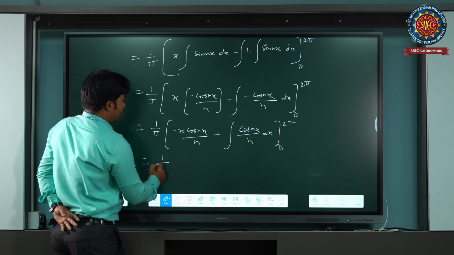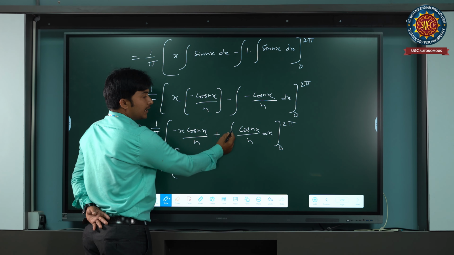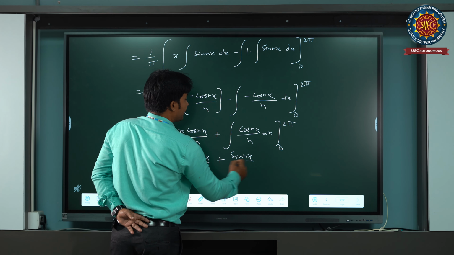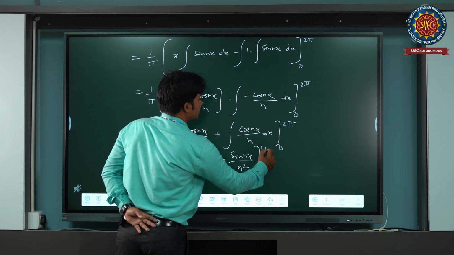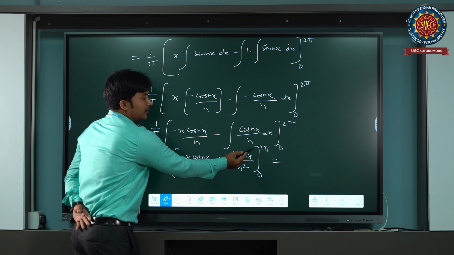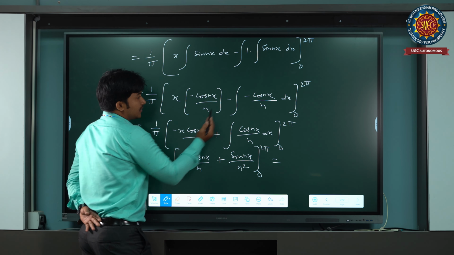Again integral cos nx is sin nx by n square. To apply the limits 0 to 2 pi, first apply the upper limit, in place of x put 2 pi. Since cos 2n pi equals 1, sin 2n pi is also 0.